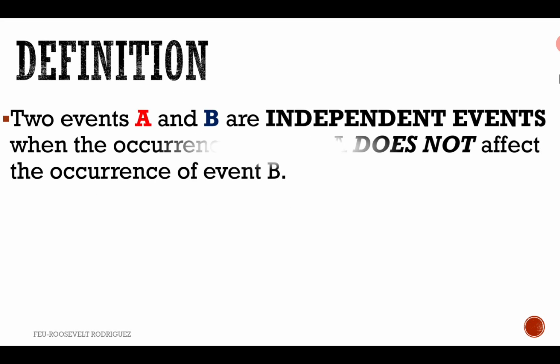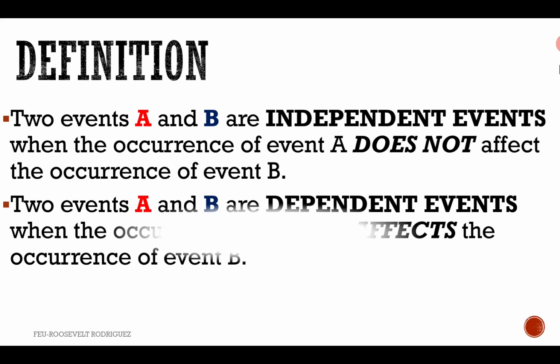So we have 2 kinds of events kasi. So number 1 is if the 2 events A and B are independent events when the occurrence of event A does not affect the occurrence of event B. Kapag yung test natin or event natin ay hindi naman nakaka-apekto sa outcome nung pangalawa or nung nauna, so that is an example of independent events.